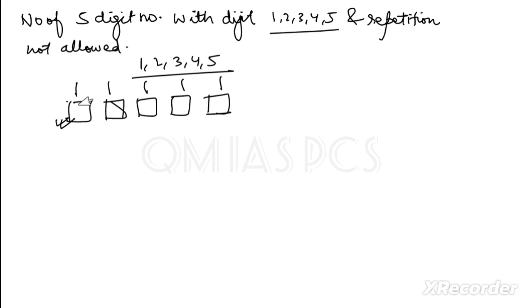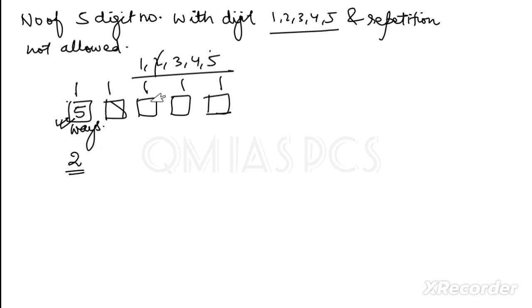That means there are 5 possibilities, 5 ways. For example, let's say I have just written here the 2. Okay, 2 is taken here.